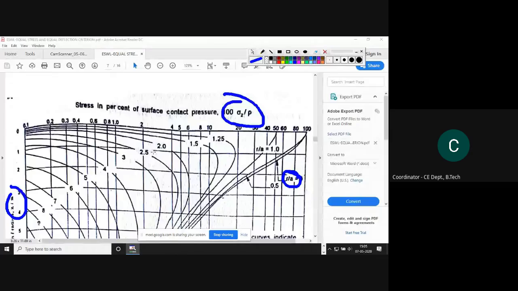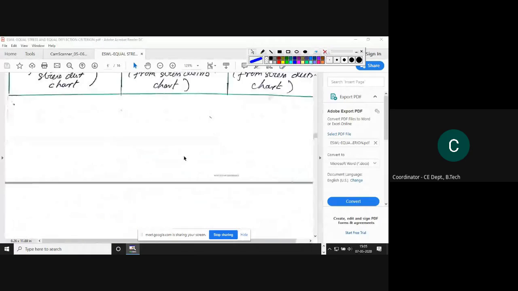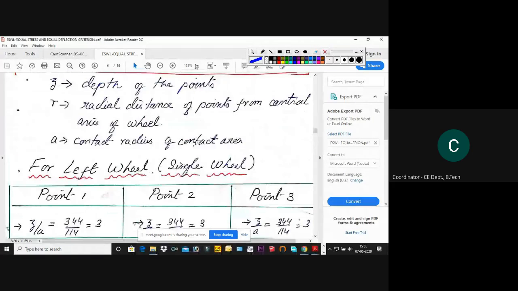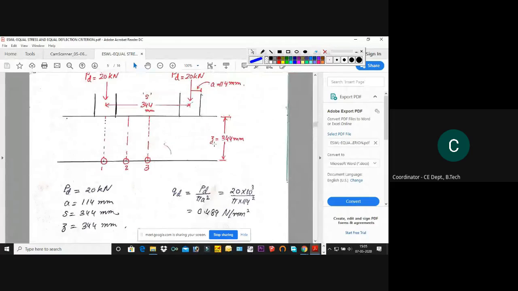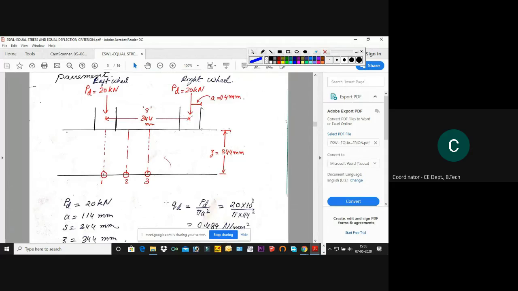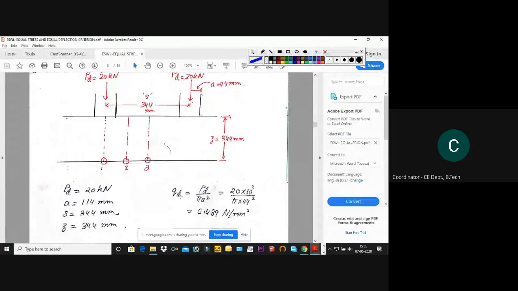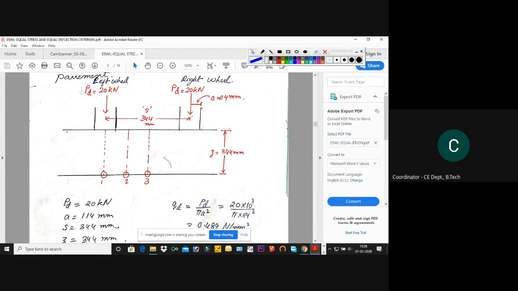Now let's see how we will calculate this. Okay, we have identified the points. Before going to the problem, we must find this QD value also. How will we find QD? We know the load, we know the contact radius, so we can know the area.